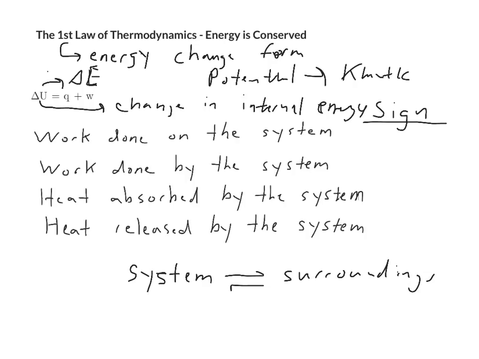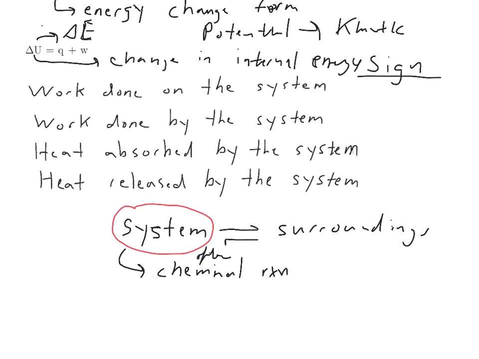Chemists are primarily interested in the system. The system is often the chemical reaction, or it is a phase change. For example, a solid being converted into a liquid, melting.